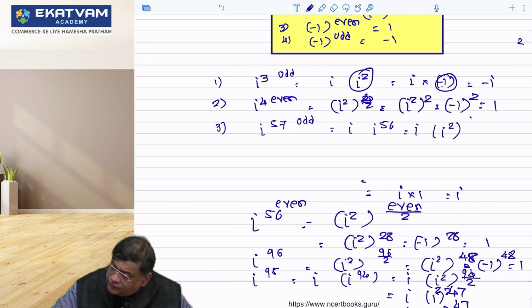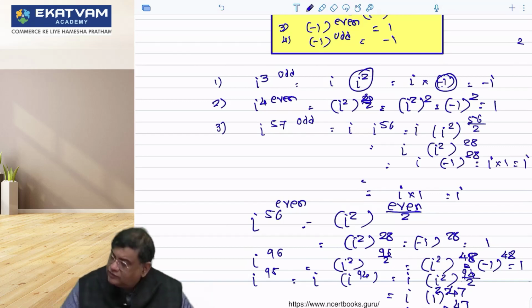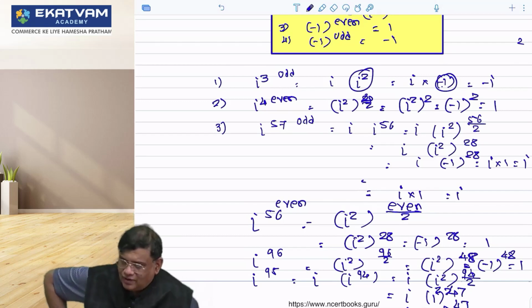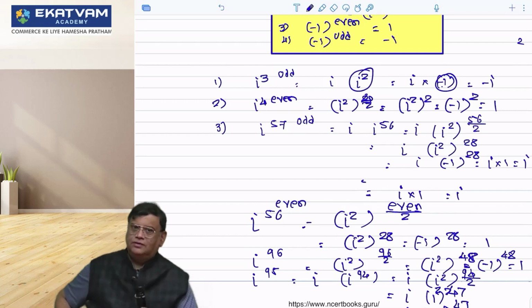Write it as 56 by 2, otherwise you won't understand later. So it is i into (i²) raised to 28, which means i into (-1) raised to 28, which means i into 1, which is i. Understood now?